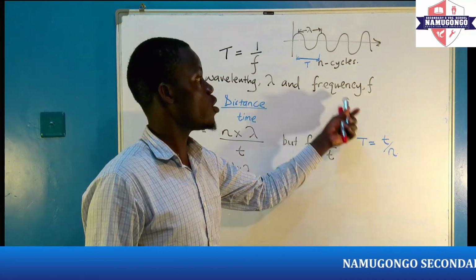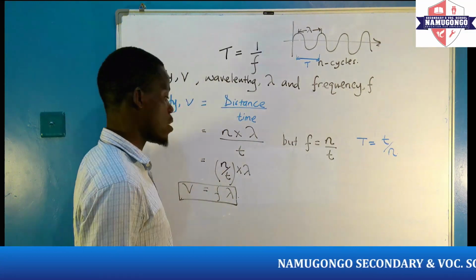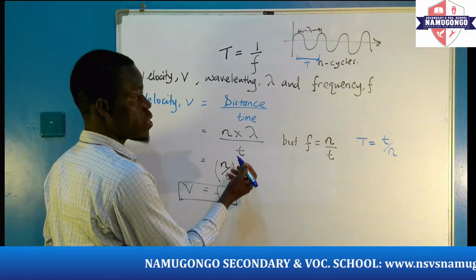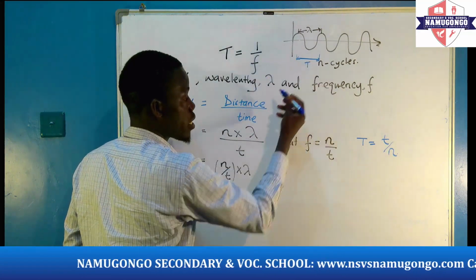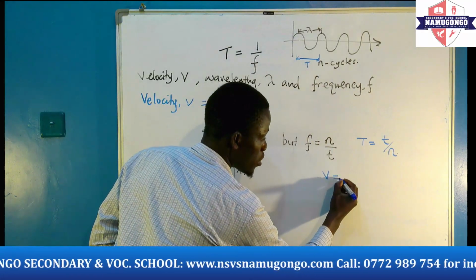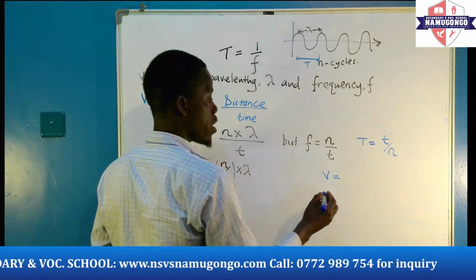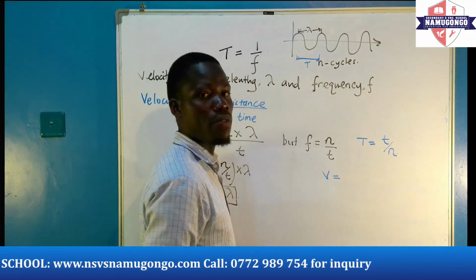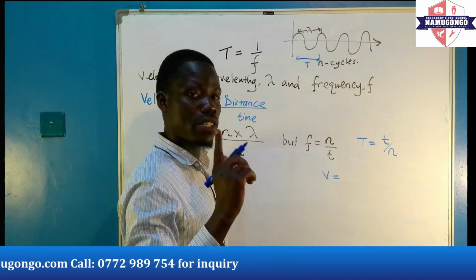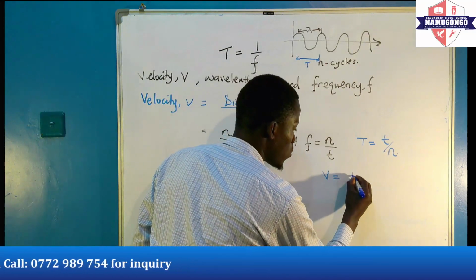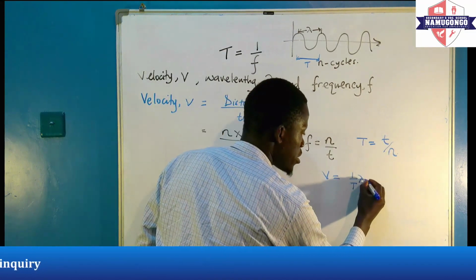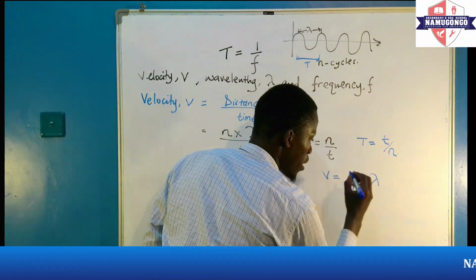So V, alternatively, is equal to the distance over the time taken. This time is the period t, and the distance is lambda.